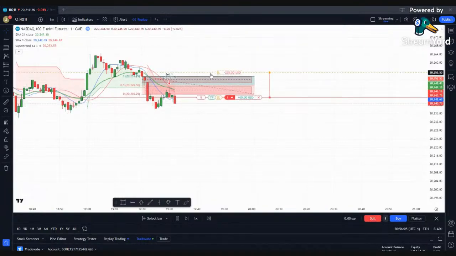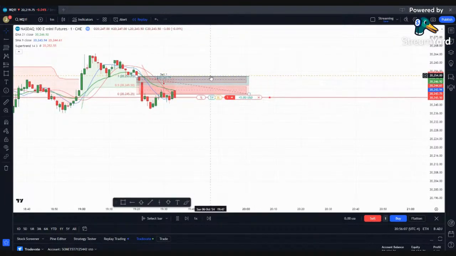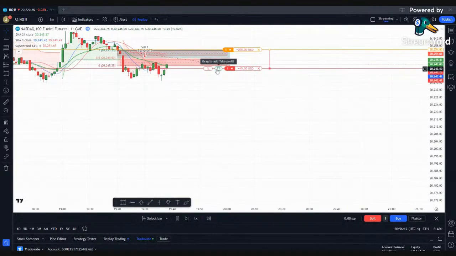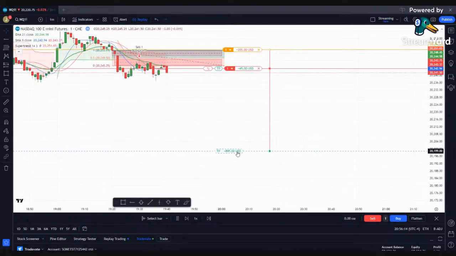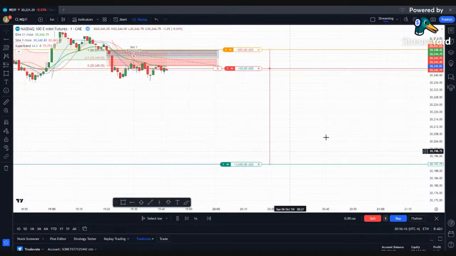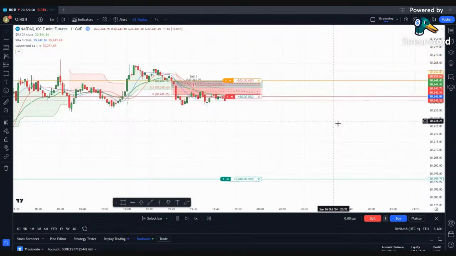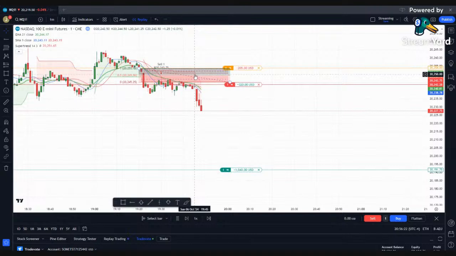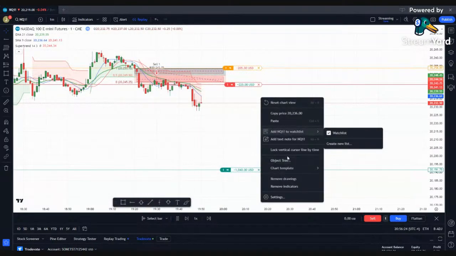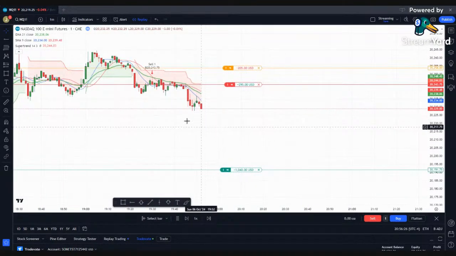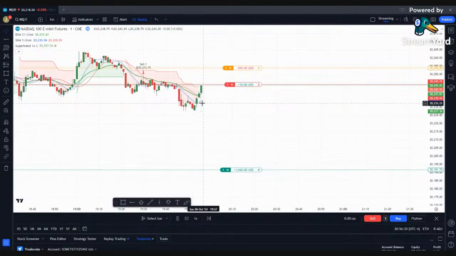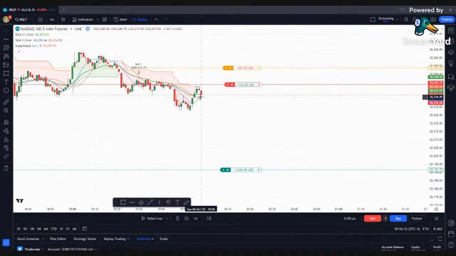You put your stop loss there, risking 200, and then you say, for example, okay, let's aim for 1,000 for tonight. Let's remove all the drawings, and your option to exit is once the blue line crosses the green line.